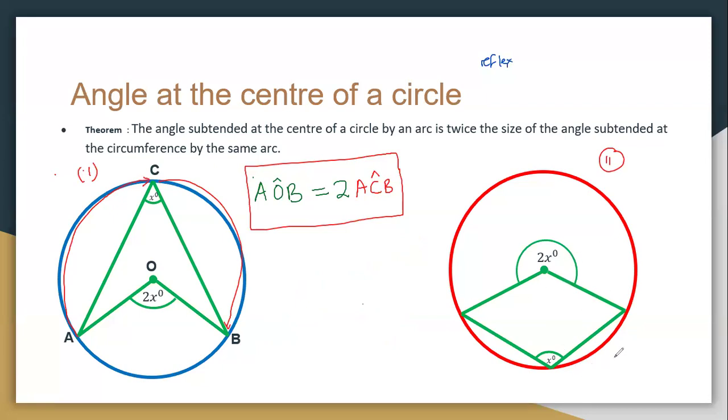For this pattern, if this is my A, and this is my O, the center, and this is my B, and this is my C, can you write for me in the chat a relation of this nature for this particular one, for Roman 2? How shall we write this relation for this part B? Write it in the chat.